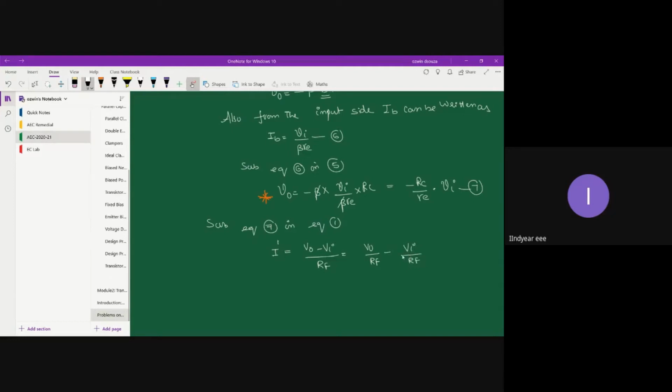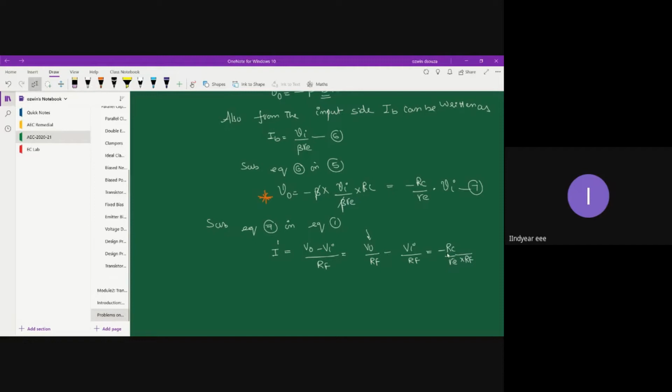And that is equal to, you can write the expression for V naught here. What is it? V naught expression, negative RC by RE into RF.